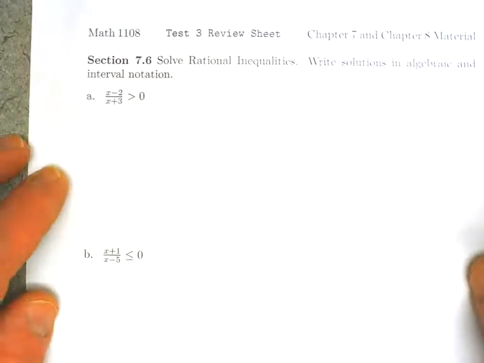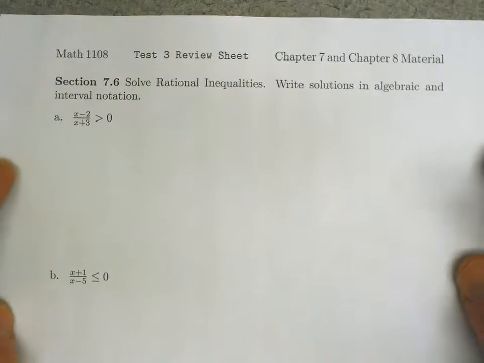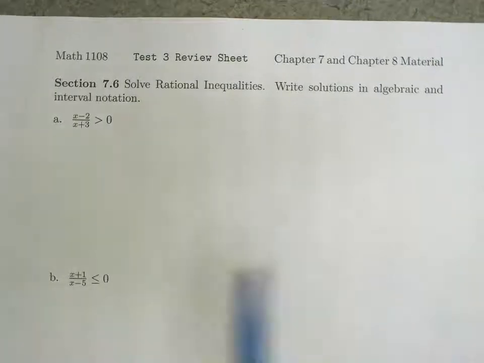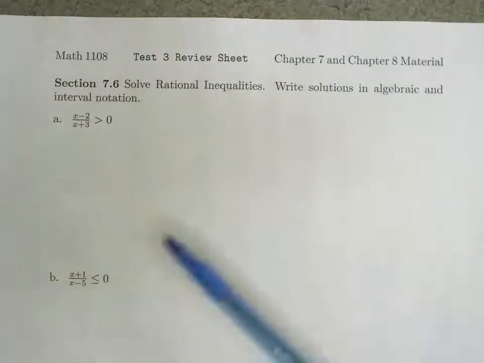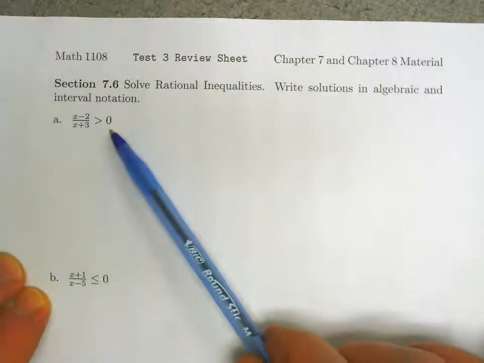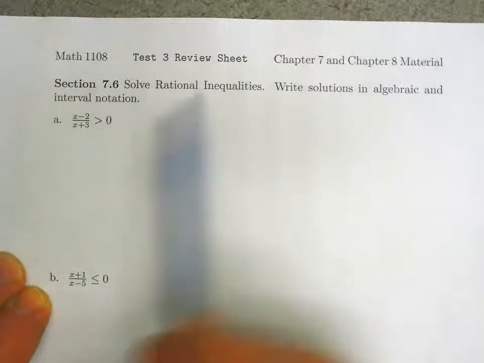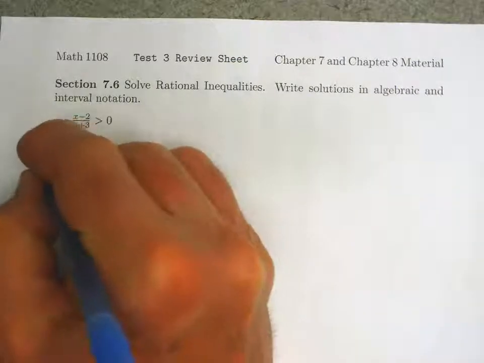Let's look at section 7.6, solve rational inequalities. So this is all set up the way that we want. One side is 0, and we can identify the endpoints.